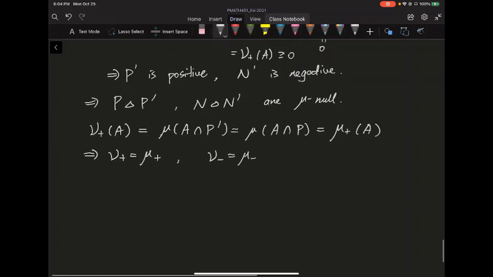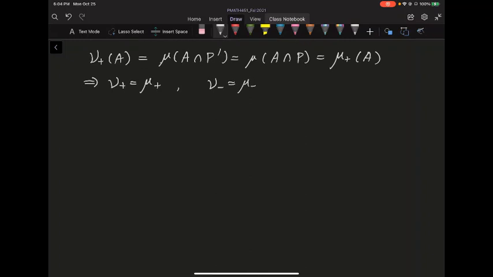All right, so now we have finished this decomposition theorem. I just want to make the following definition. Let's define the absolute value of a signed measure to be the positive part, mu plus, plus the negative part, mu minus. So you take the sum of these two parts, just like when you have a real valued function, the absolute value of the function is the sum of the positive and negative parts.